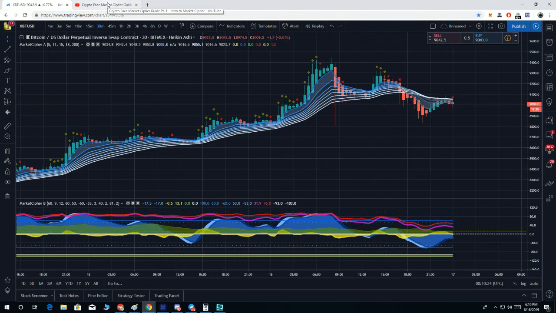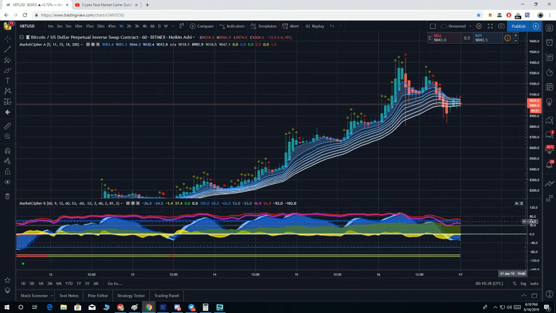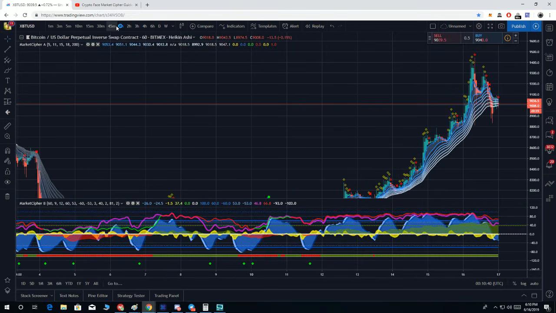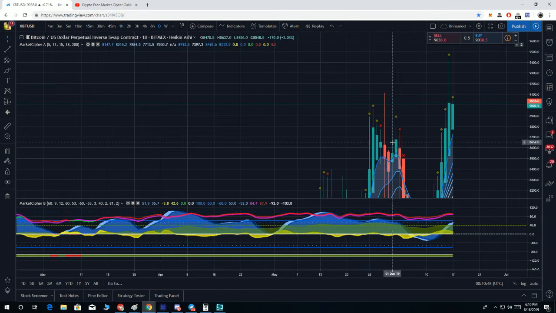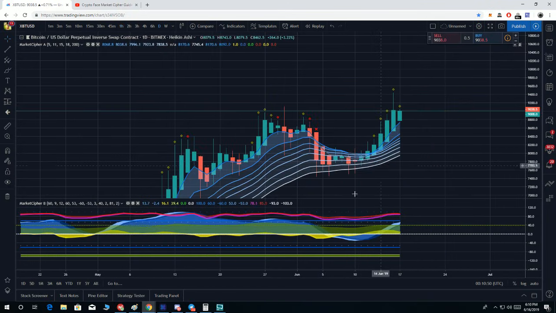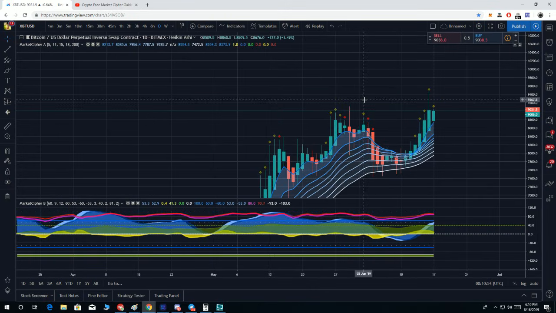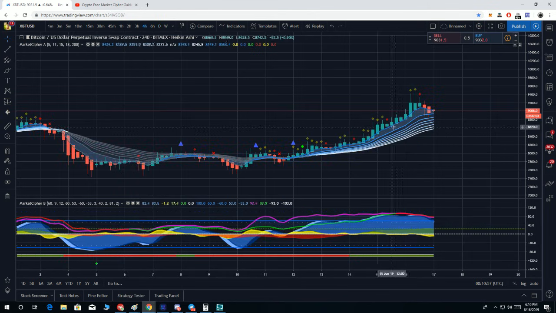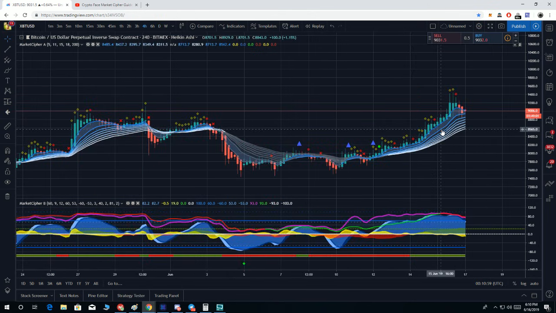Okay. So yes, the green dots are going to be stronger on the higher time frame. With Market Cipher, when I first wake up in the morning, I always start with the larger time frames, right? So we'll get into Cipher B here. So I start with larger time frames and work my way in.